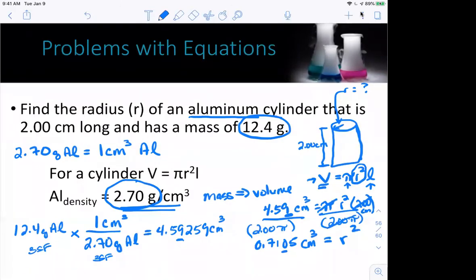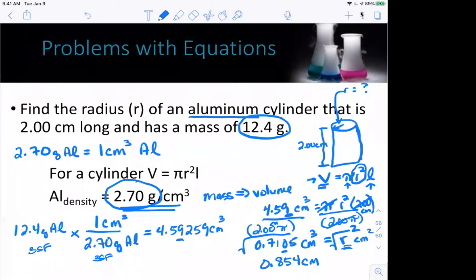Now, to get r, I'm going to take the square root of both sides. This would be centimeter squared because it's r squared and r is a centimeter value. So I'm going to take the square root of each side, and I'm going to get 0.854 centimeters.